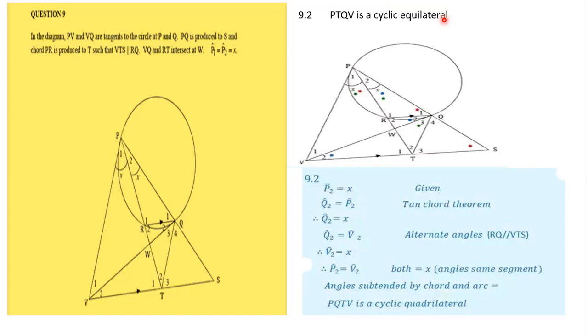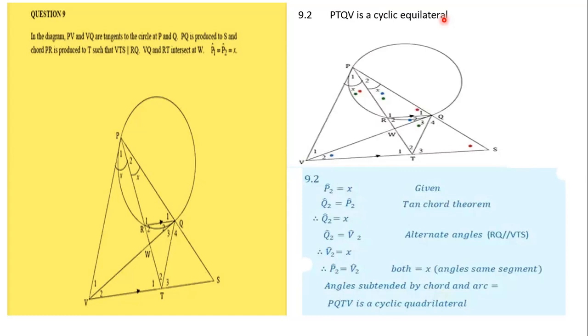So how do we tackle this question? Today I'm going to give you a clue as to how you're going to go about tackling it. So let's start, guys. 9.2.